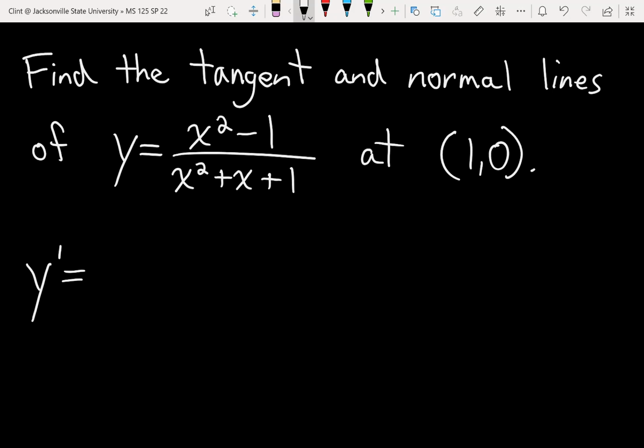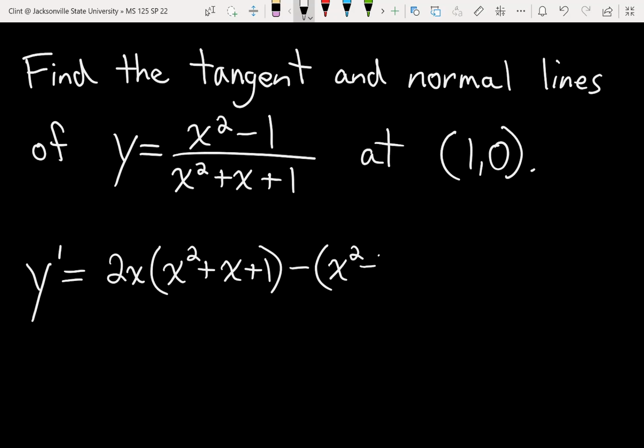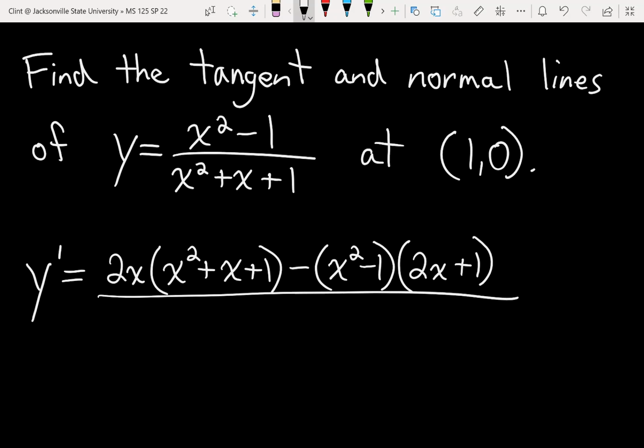And doing the quotient rule, I'm going to take the derivative of the top times the bottom minus the top times the derivative of the bottom, so that's 2x plus 1, over the bottom squared, and I'm going to leave it right there.